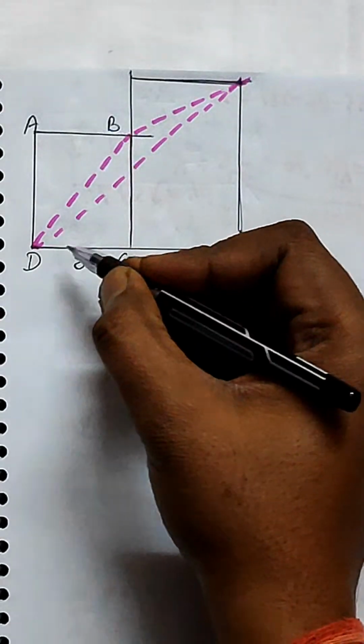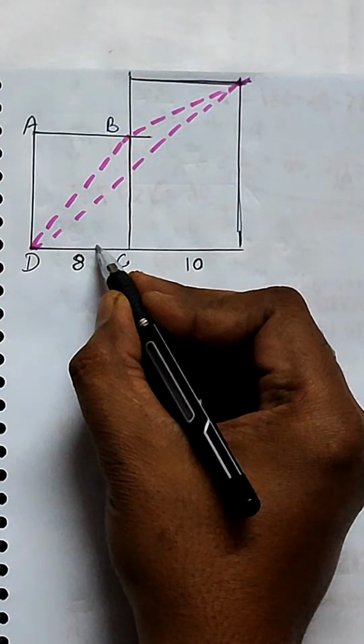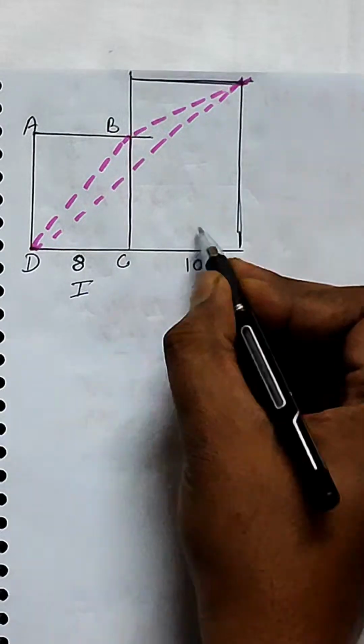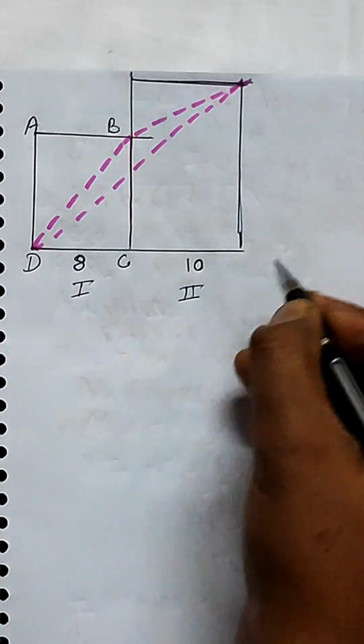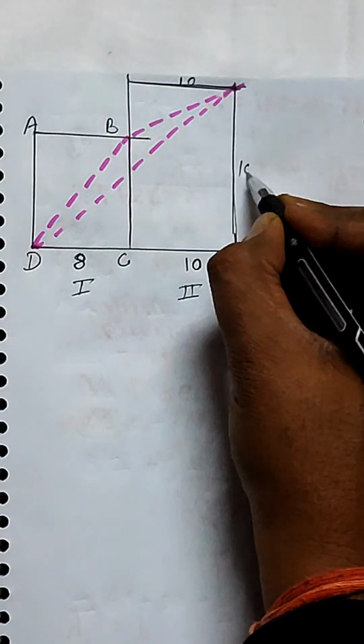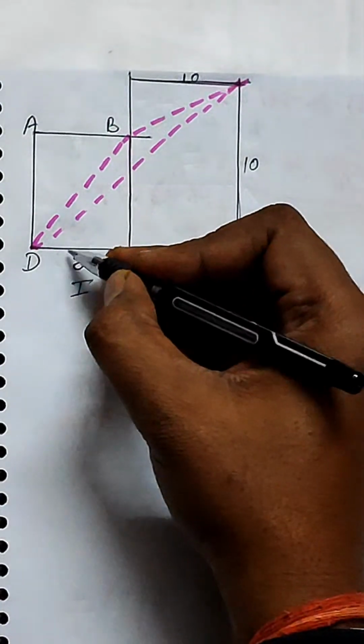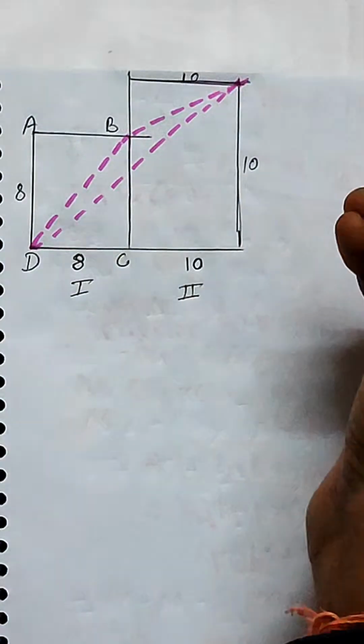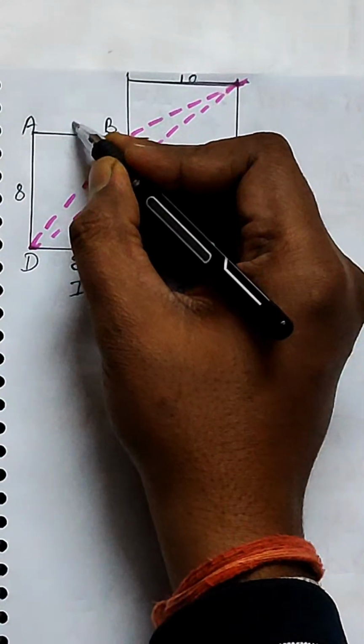So ABCD is the first square, and this is the second square. Let's say this is 10, because all the sides of a square are equal. So this is 8, this is also 8, this is 8 and this is 8.